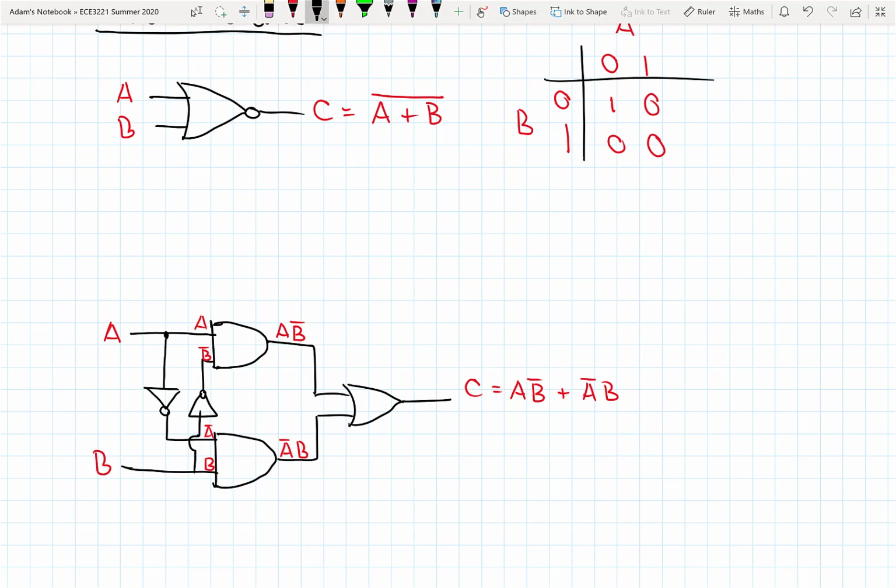So if this combinational or combinatorial logic equation doesn't look familiar to you, this is what we refer to as an exclusive OR, or more often just called XOR.